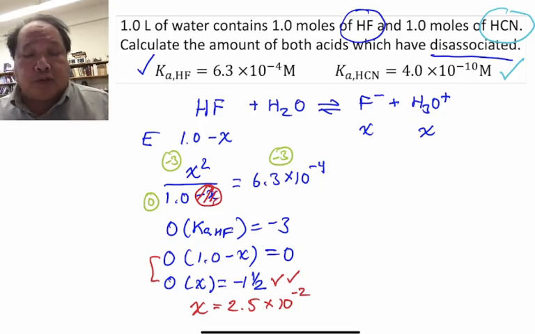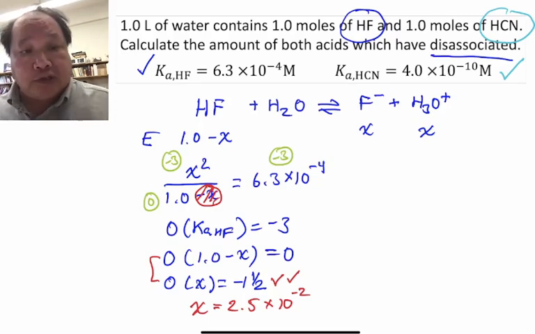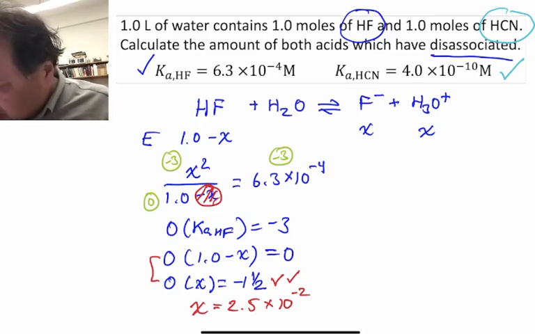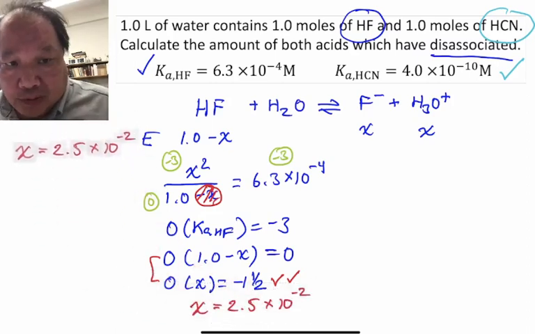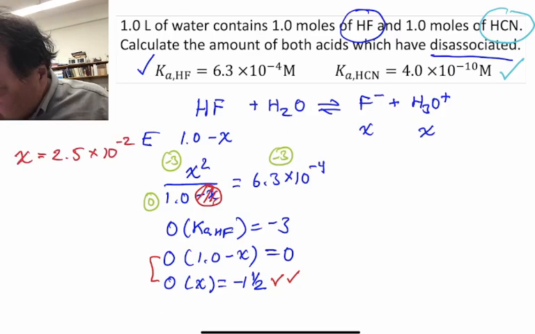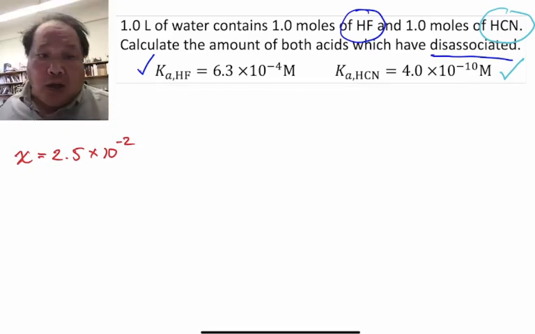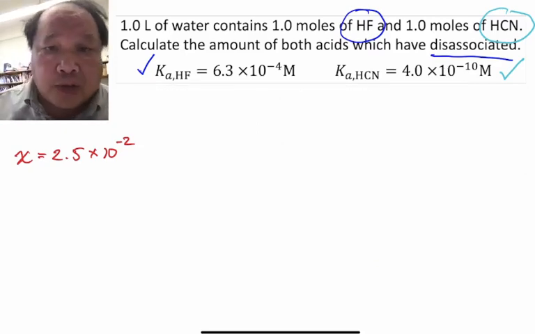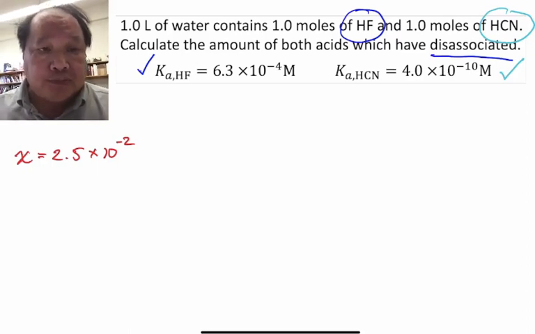And now what we'd like to do is use this information to find out how much HCN has dissociated. So we're going to need this key information here, so I'll put it over here, and I'll get rid of the stuff to give us some working space. Okay, so now our goal is to find out how much of the HCN has dissociated.